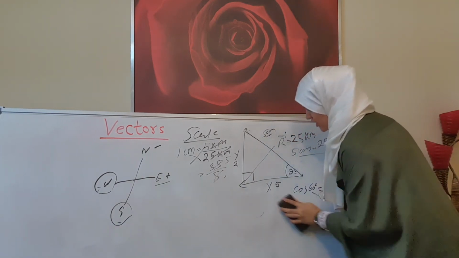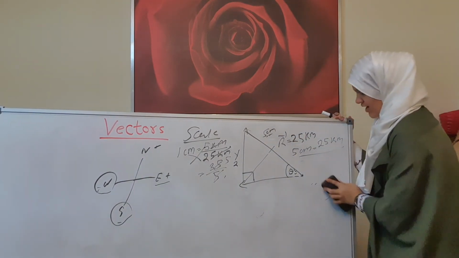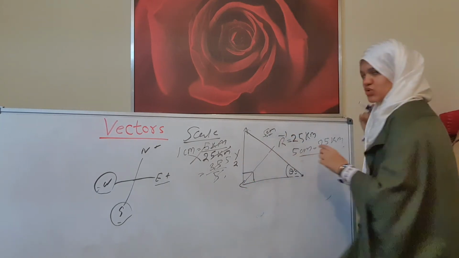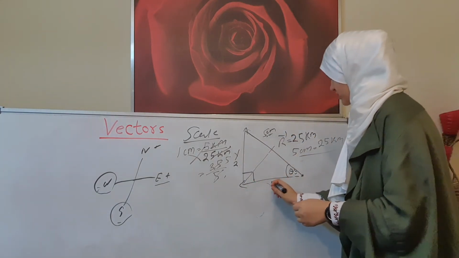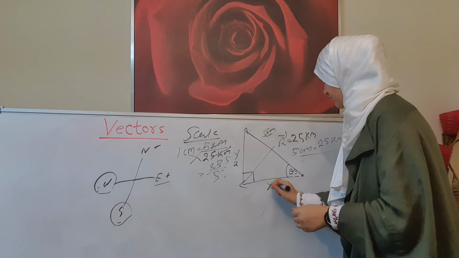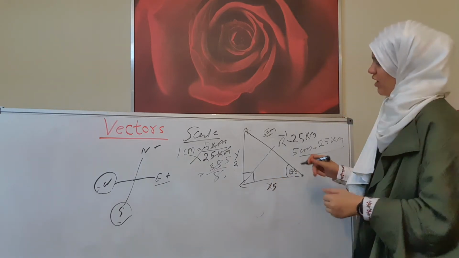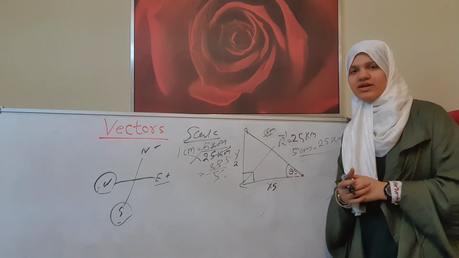Okay, so now for example here y is 2 and for x we have 5. Now we want to find the degree.